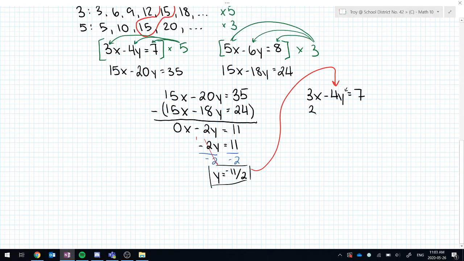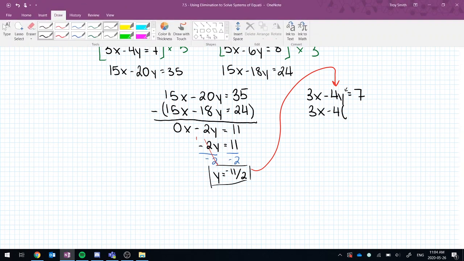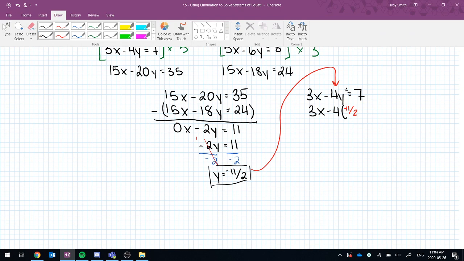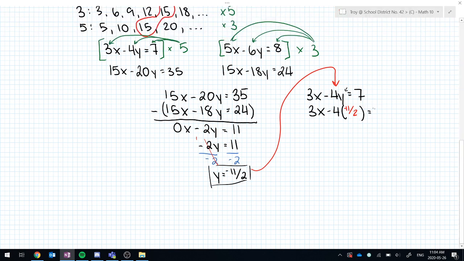So we'll get 3x minus 4 times negative 11 over 2, equals 7. And we just solve for x. So what that's going to be is 3x minus negative 22, equals 7. So subtracting a negative 22 is the same thing as adding a positive 22, right?